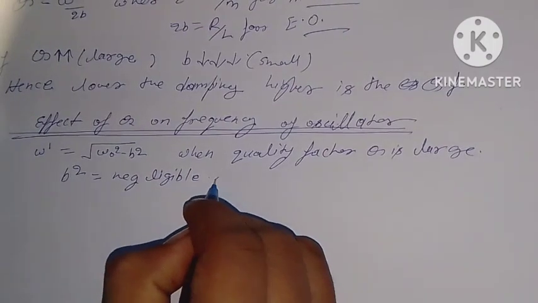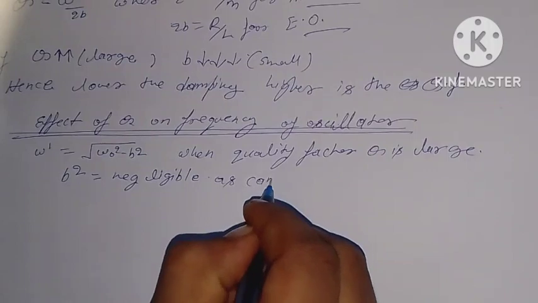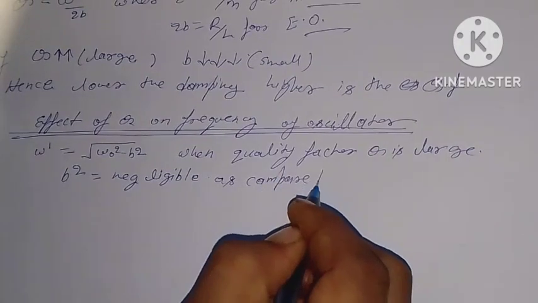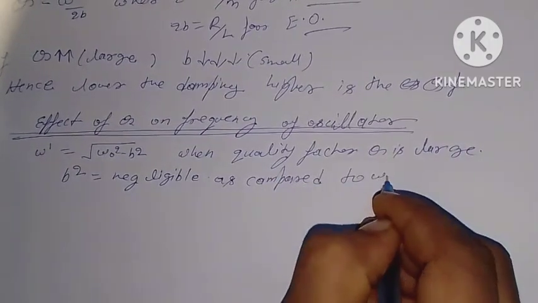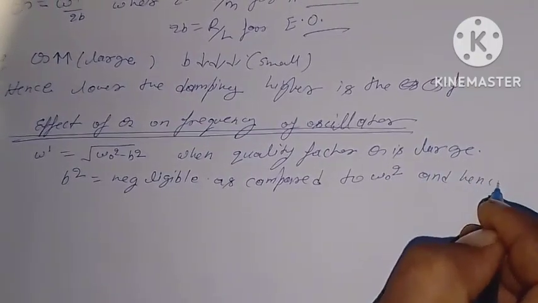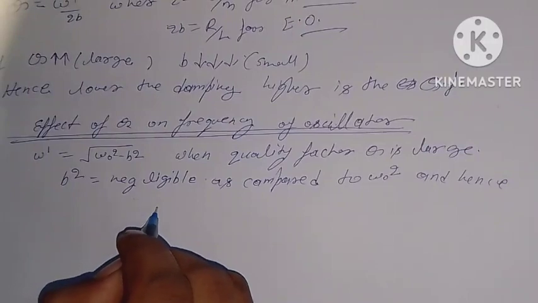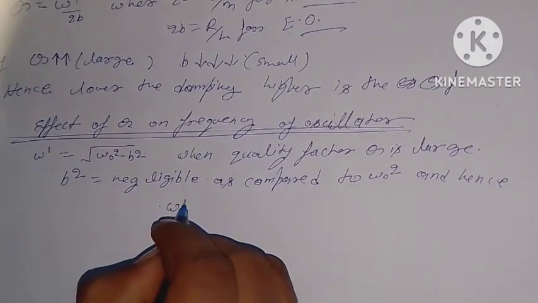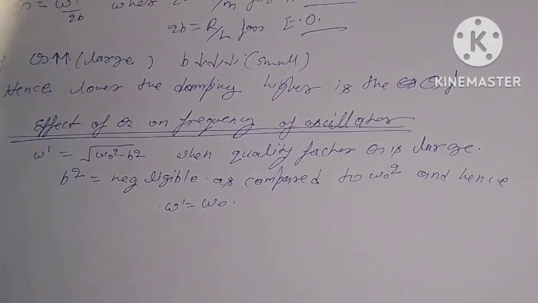Negligible as compared to omega naught square, and hence omega dash equal to omega naught.